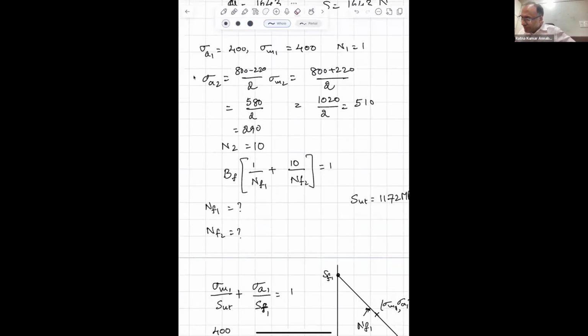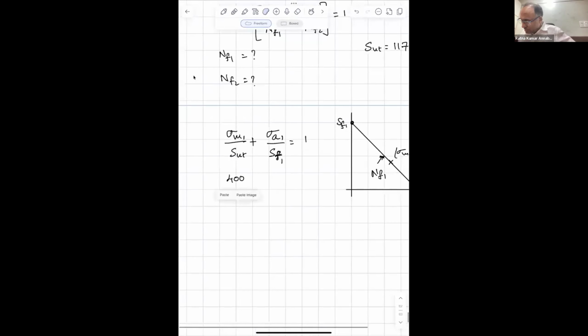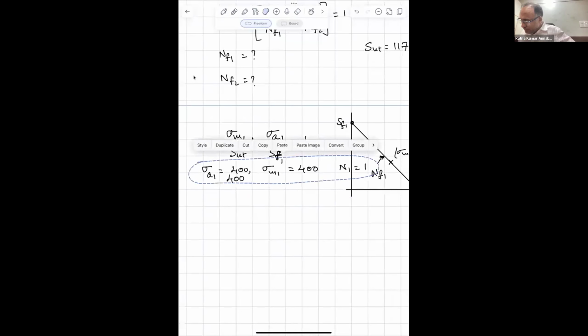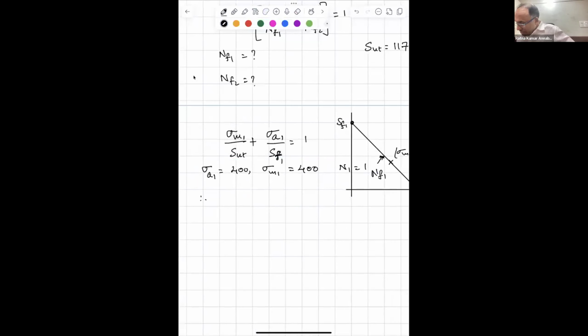Sigma M1, the first one we are considering, that is the first scenario. So I am plugging into this equation: sigma M1 is 400 by 1172 plus 400 by, sorry, SF1 is equal to 1.